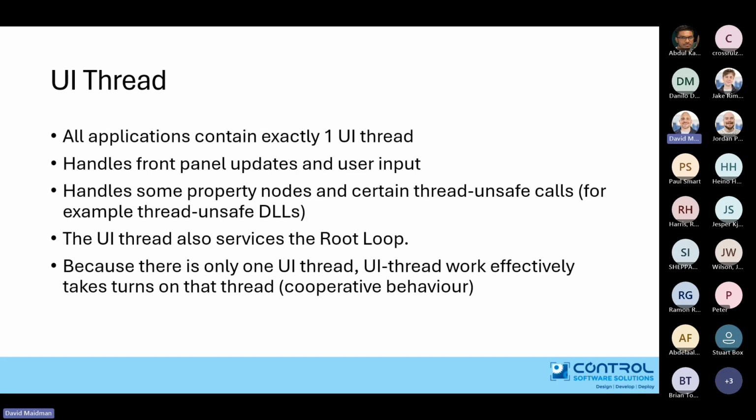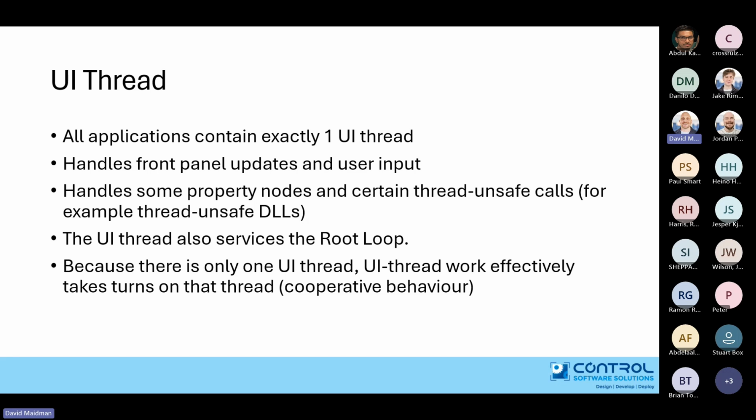The UI thread also services something called the root loop. I'm not going to go into the root loop too much here, but there are some operations, such as operating system level calls from LabVIEW, managing some property nodes, or opening some references, that require the root loop.